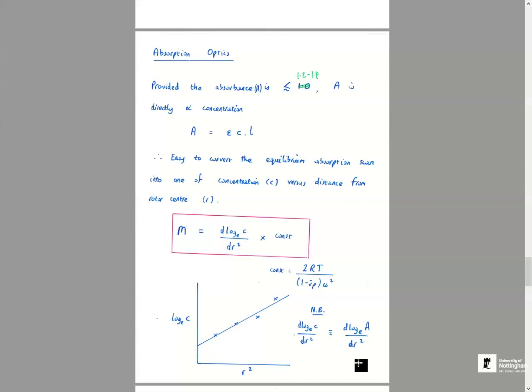Yeah, that's right. Let's write that more clearly.